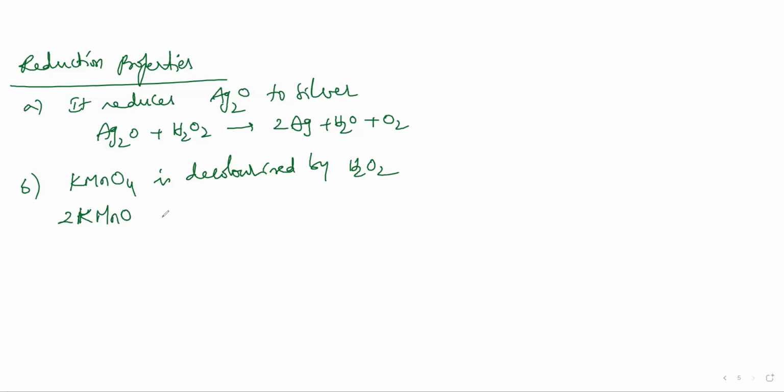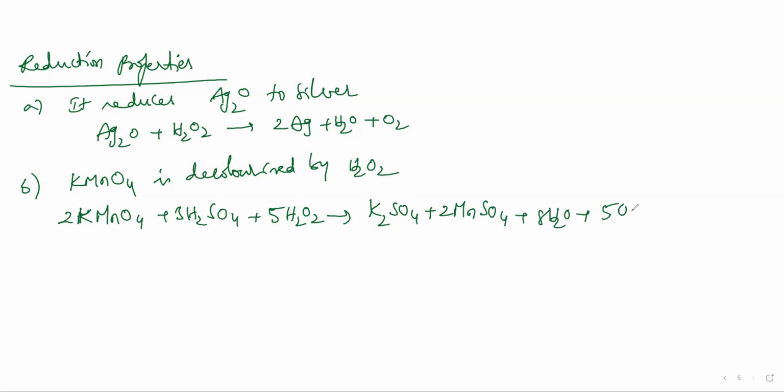This is the equation. So here manganese oxidation state is +7. Here it is +2. So oxidation state is reduced from +7 to +2. So this is reduction.